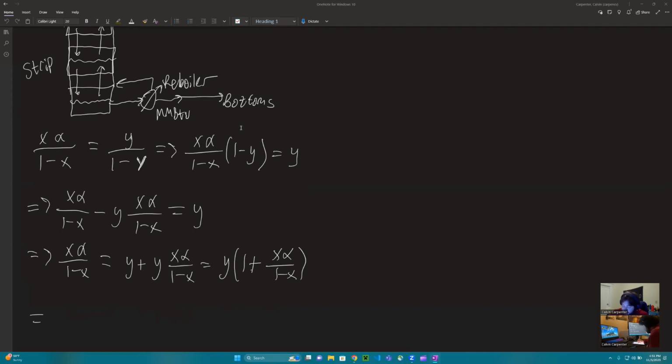So we have x alpha over 1 minus x equals y times 1 minus x alpha over 1 minus x. I just put this 1 in terms of 1 minus x over 1 minus x, and then added it to the term.